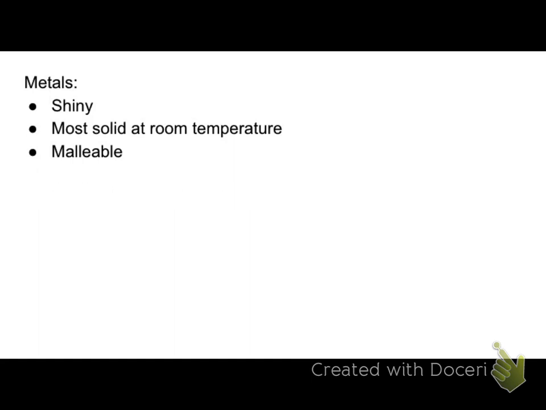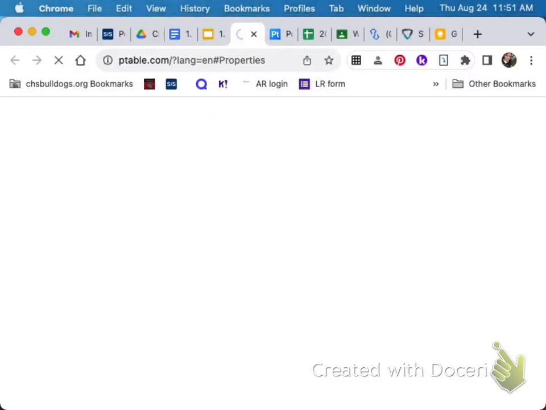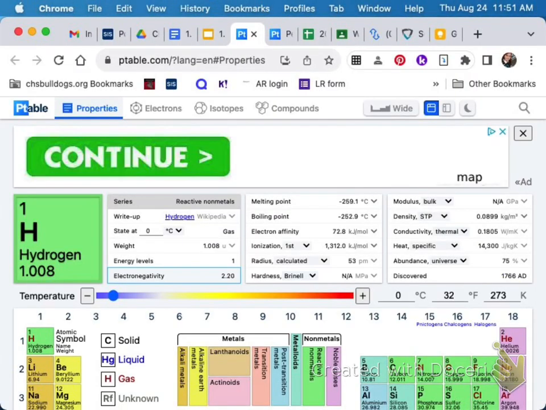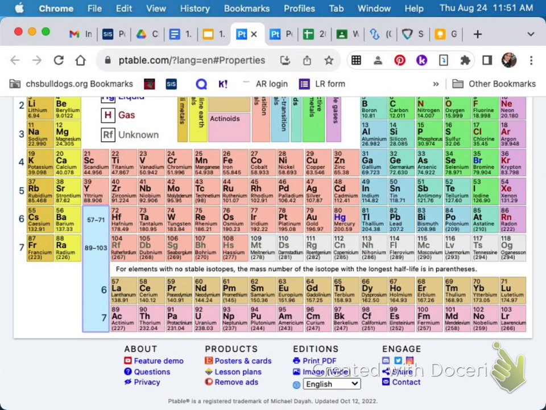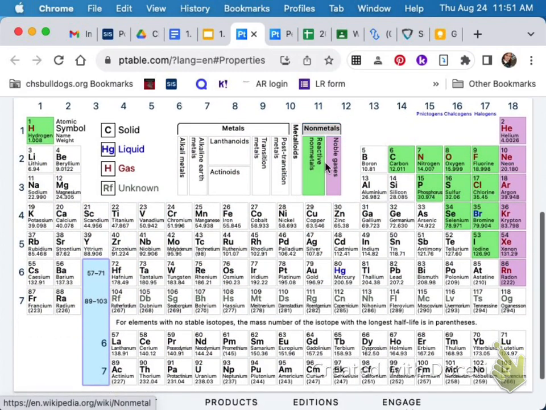I'm going to flip back to my previous page to get back to that periodic table for you. And we're going to talk about the next group, which is the non-metals. So if I hover over the non-metal button, you'll see that it's a relatively small region of the periodic table.